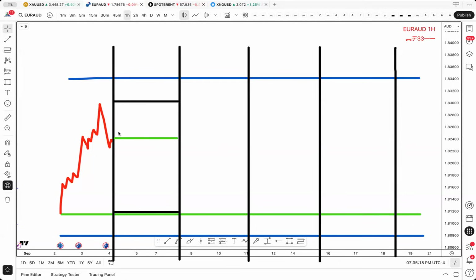Day two, we get our first red day signal and they close. We get our previous day high level, previous day low level, closing price. Here's our reference point. And we get our first red day trade.